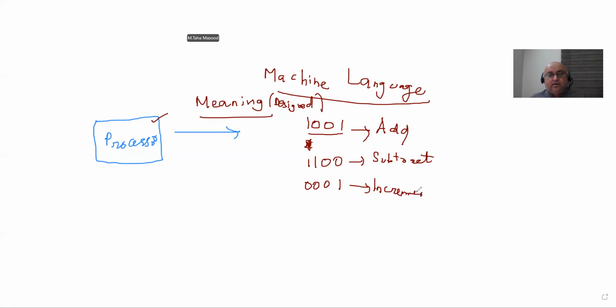Remember, this processor is just a piece of electronics. It does not understand anything like we do. Any meaning has to be imparted by us. So let's say the guy who designed this processor said, all right, this sequence means add, this sequence means subtract, this sequence means increment.